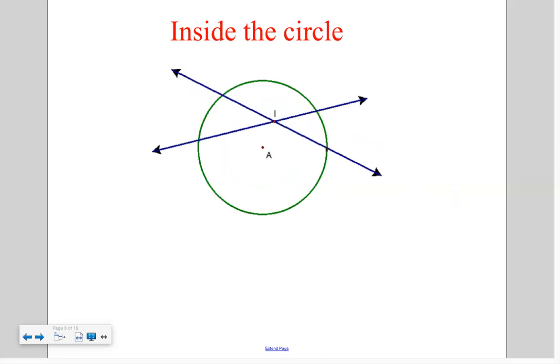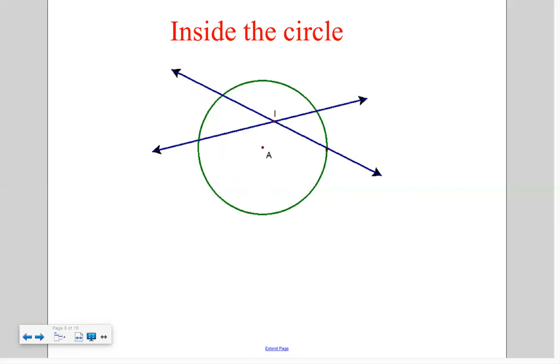It could intersect inside the circle. These are a little bit tougher, but the nice thing is there are some equations and formulas you can use when it comes to these angles. There's also the unique situation where this intersection could be at the center of the circle, which would make those central angles.